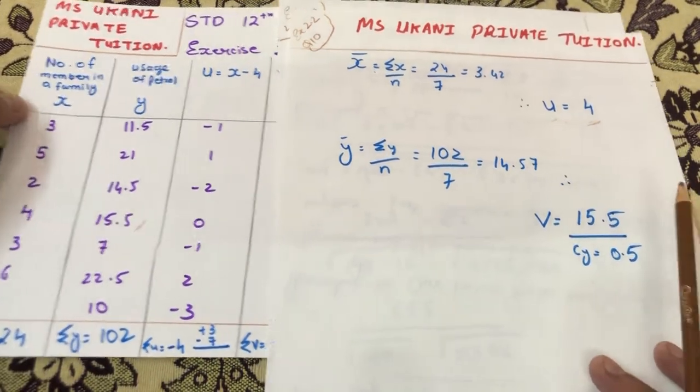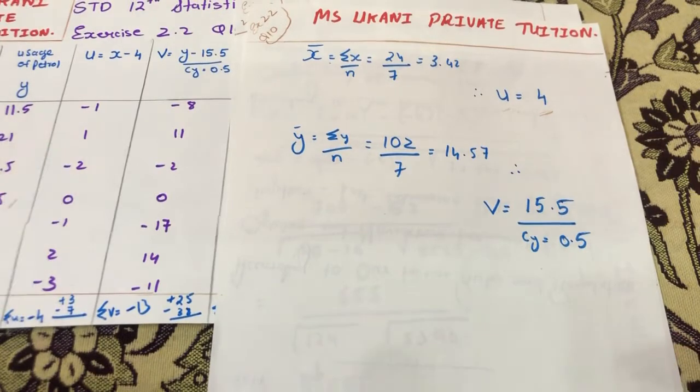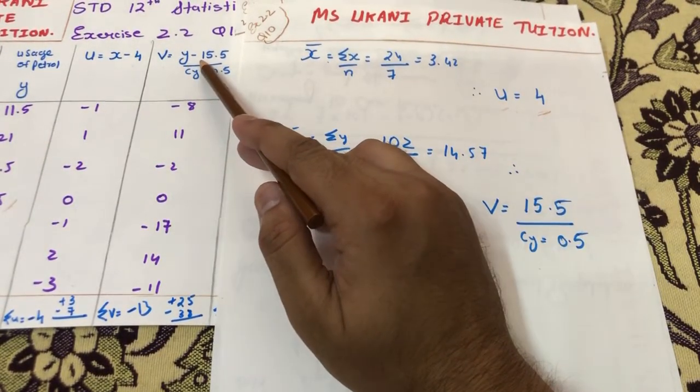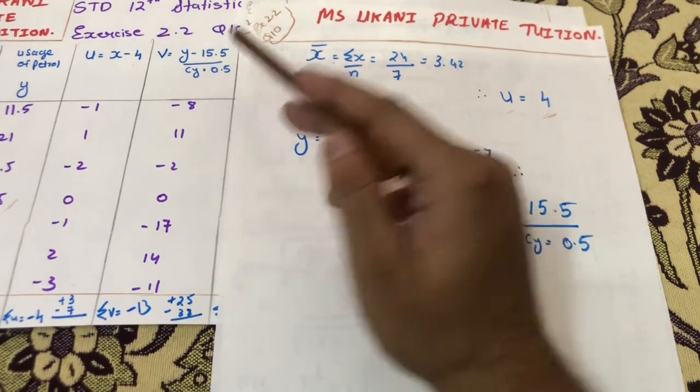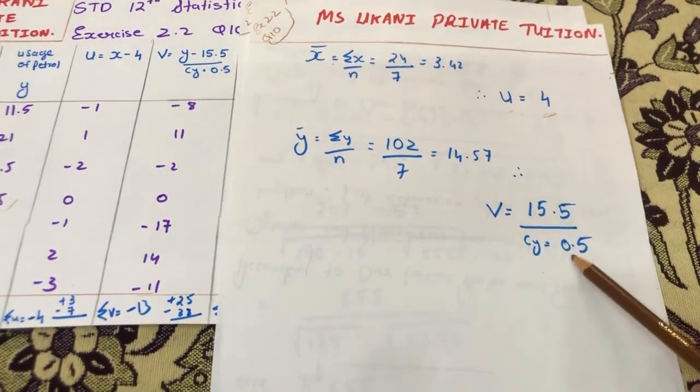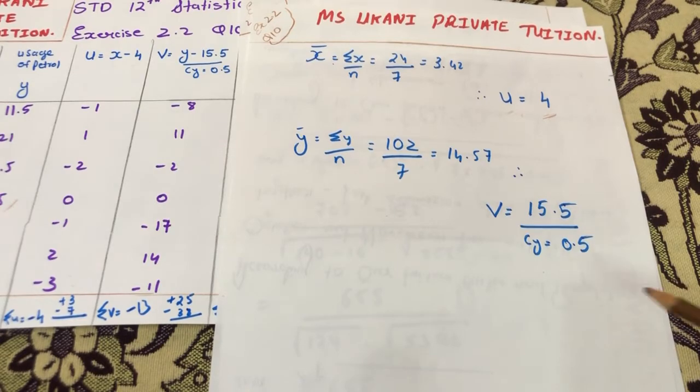Now let us move towards the column V. The formula for V is Y minus the V which you assumed, 15.5, divided by 0.5, to make the number smaller and natural. Let us see.